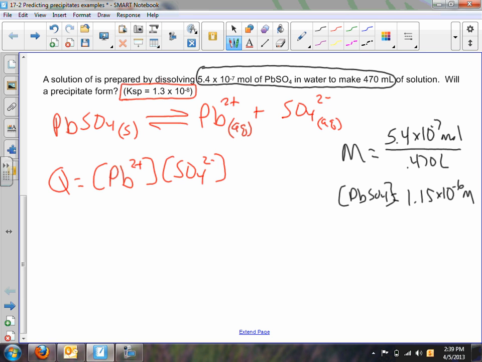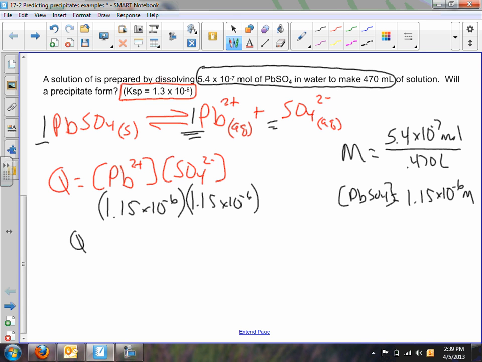Well, if I know what lead sulfate is, I also know what lead is, because for every 1 lead sulfate, I get 1 lead, and for every 1 lead, I get 1 sulfate, which is also 1.15 times 10 to the negative 6.